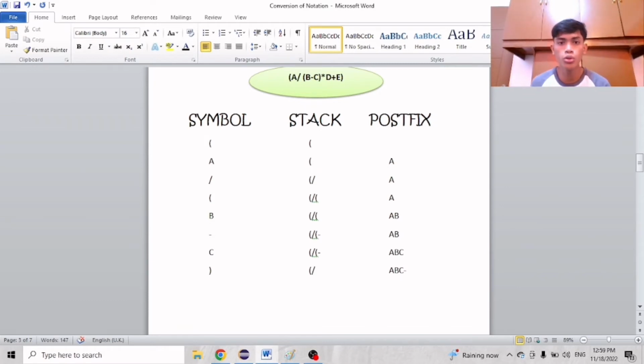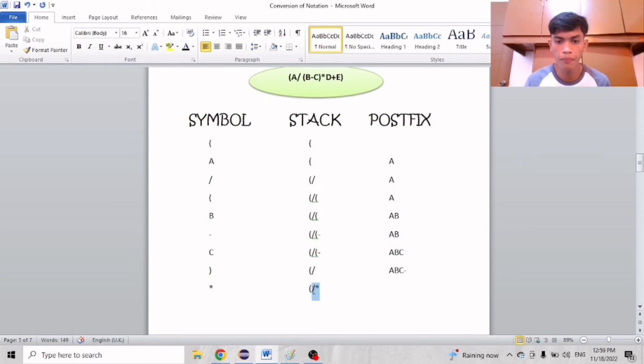Now let's go to multiplication or star. So we're going to put it here. There's another rule, rule number 2, never put the same priority.